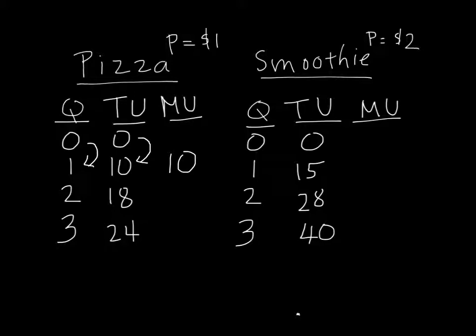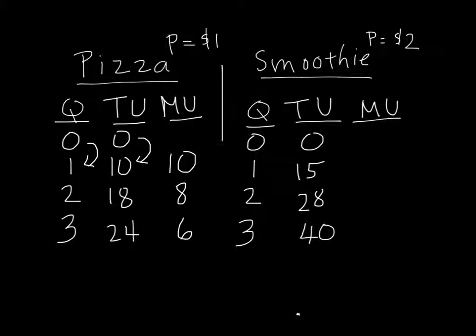When we go to the second slice, it goes from 10 to 18, so that is a marginal utility of 8. Change in total utility is 18 minus 10 or 8. Change in quantity is 2 minus 1 or 1. 8 divided by 1 is 8. If we go to the third unit, we're going from 18 to 24, so that has gone up by 6.